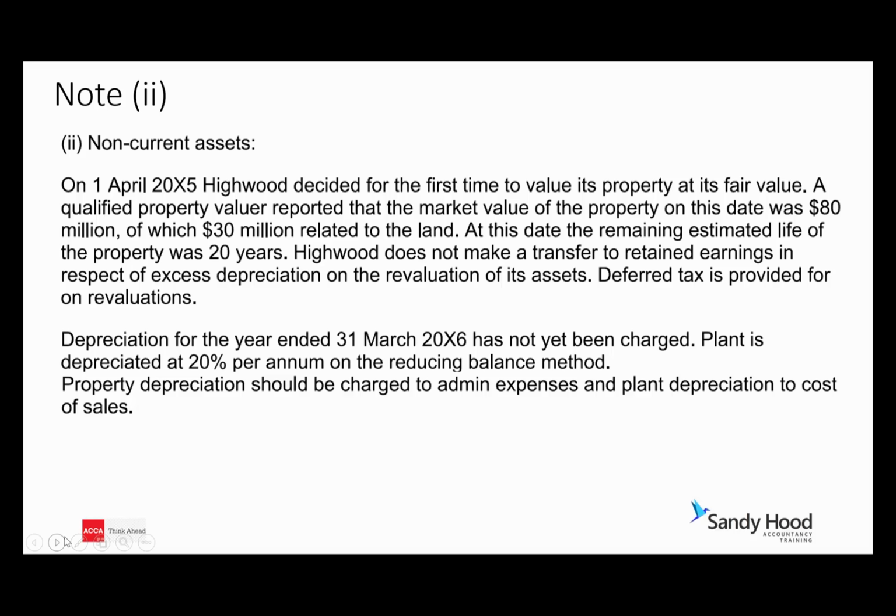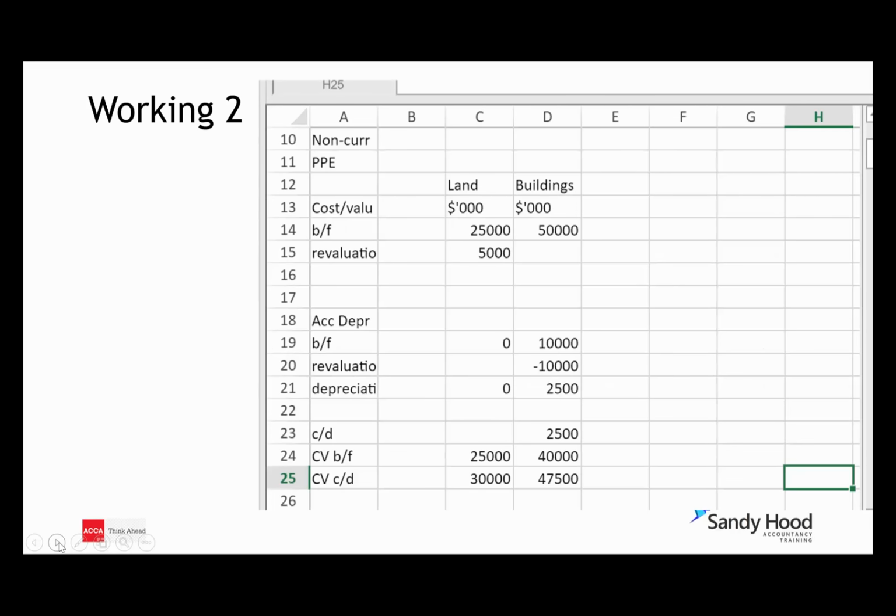It's 80,000 for buildings and land, 30,000 of which is for the land. So the remainder must mean that it's 50,000. Well, if that's the case, we will just eliminate all the depreciation to date. So we have a minus 10,000 there in the accumulated depreciation. And that took place at the beginning of the year.